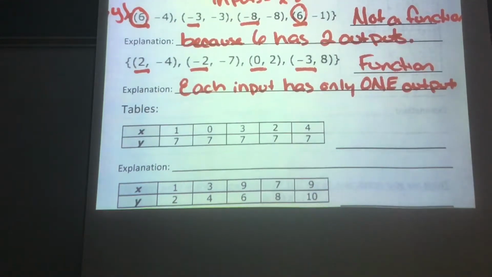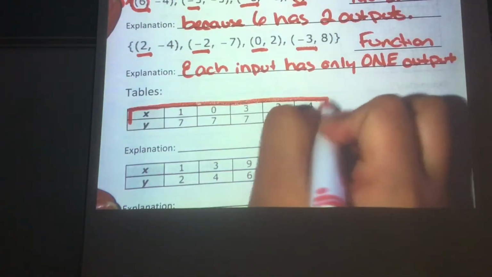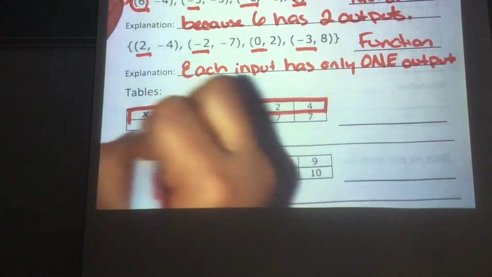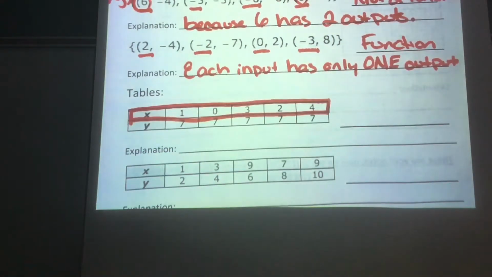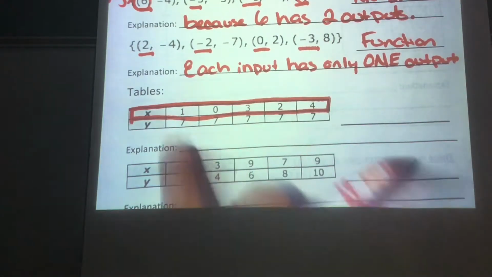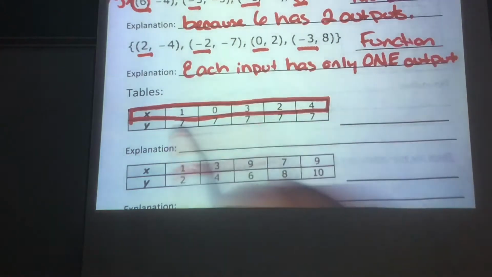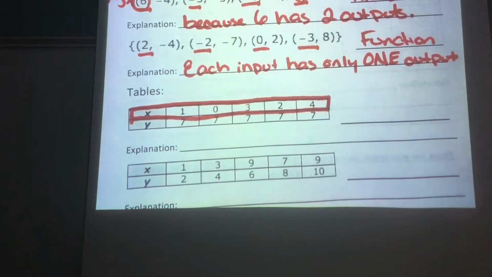So let's go ahead and look at the tables. So the same way that in the ordered pairs I was looking at my x's, I'm looking at my x's for my table as well. So my x's are 1, 0, 3, 2, and 4. So none of these inputs repeat, and because none of these inputs repeat, I know that they are a function.